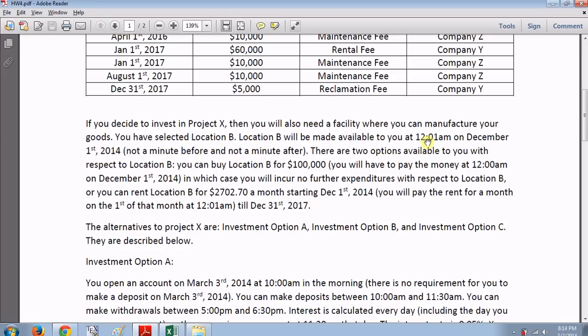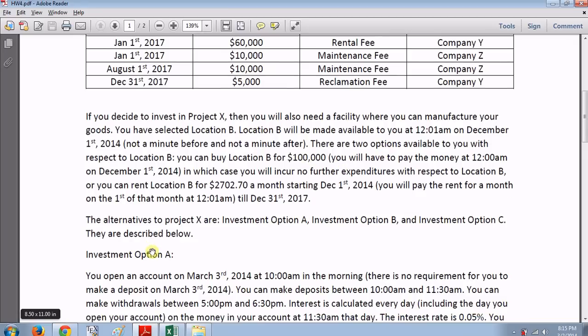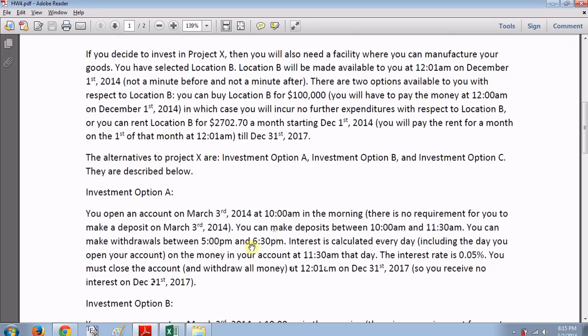And conveniently, it's 12:01 a.m. So if you didn't buy location B on that day, you would go ahead and deposit $100,000 in one of the investment options. And the fun part is, for each of the investment options, you can deposit every day between 10:30 a.m. and 11:30 a.m. So when you deposit that money on December 1st, 2014, you will get a certain interest. And on the last date, December 31st, 2017, you receive no interest.